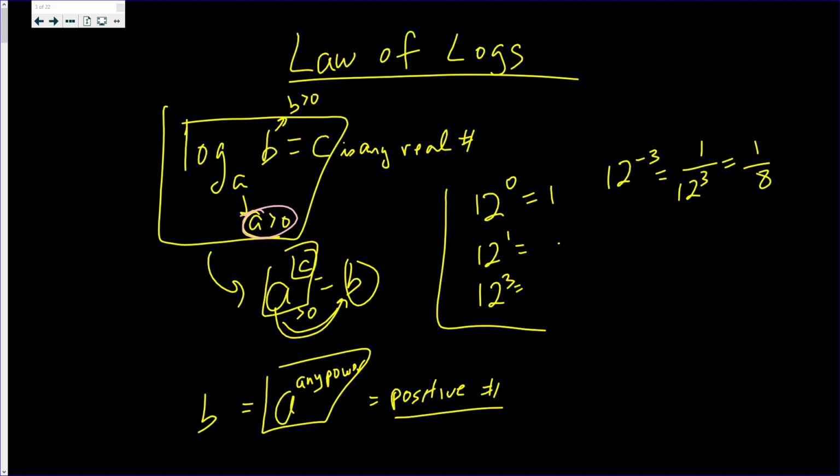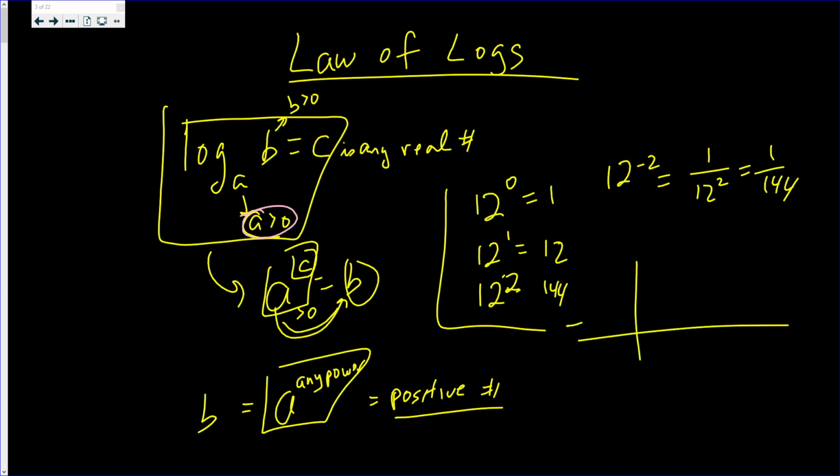I know this is 1, this is 12. Let's make this 2. I know 12 squared is 144. So if you have 12 to a negative power, you have 12 to the negative 2. This is 1 over 12 squared, which again is positive. The graph of a to the x for any positive a always looks like this.